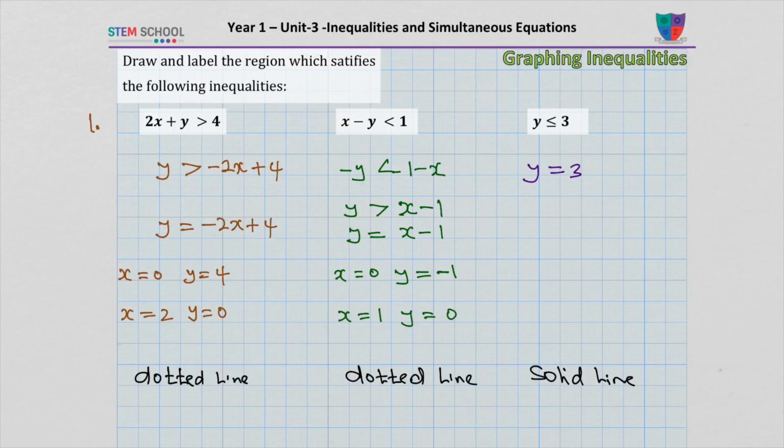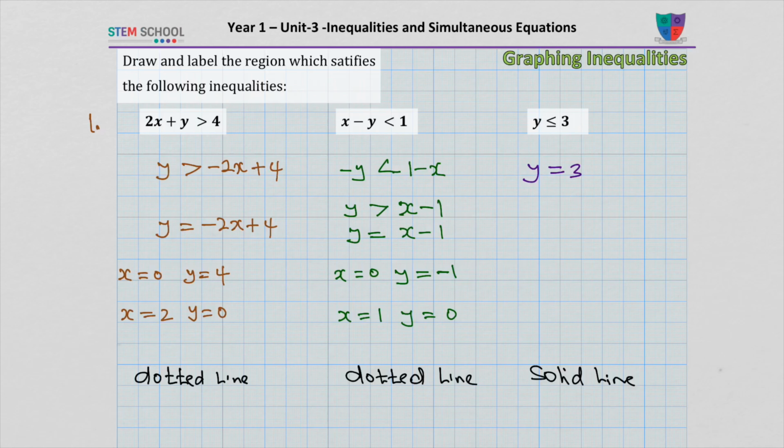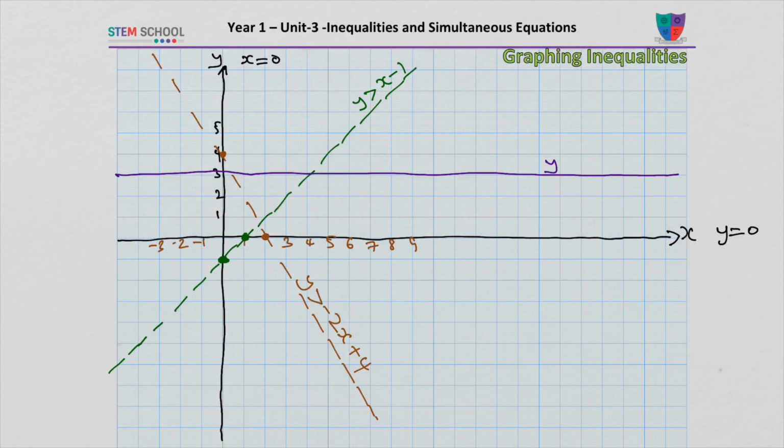The third one, y equals 3. So that's y is less than or equal to 3. Okay, so the region we're interested in, we can now focus on that.